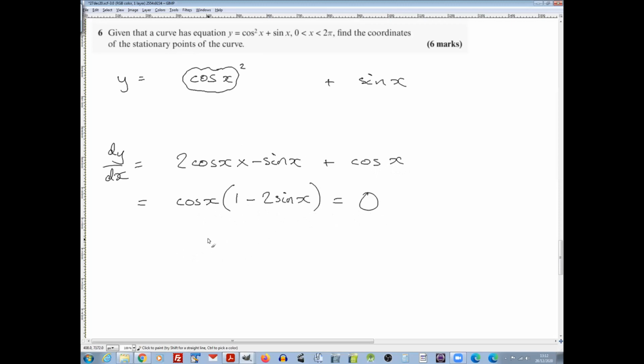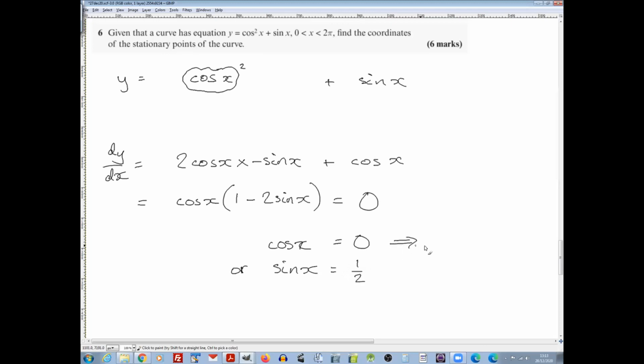So now you can say cos x equals 0 or exactly 1 minus 2 sine x equals 0. In which case sine x equals minus 0.5. Minus? Just a half, yeah?